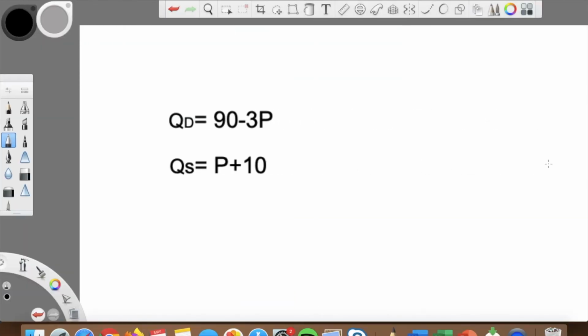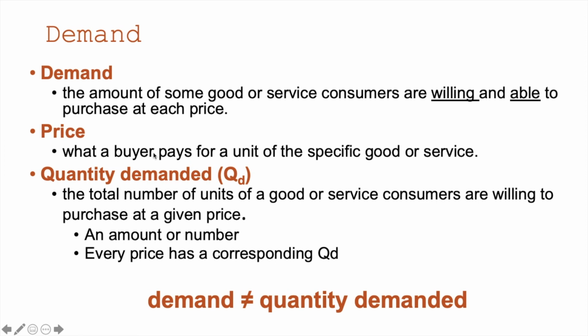and say demand is a relationship. Not like a dating relationship, but like a relationship or connection between two variables. And the two variables that demand connects are these two other bullet points on the page, the orange ones. Price, what a buyer pays for a unit, and the quantity demanded, or QD for short, the total amount that someone wants to buy.